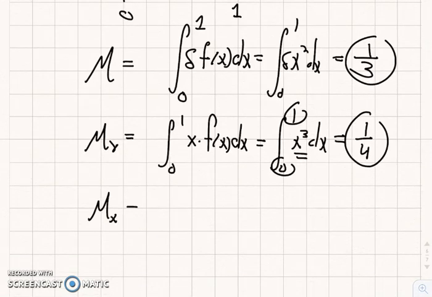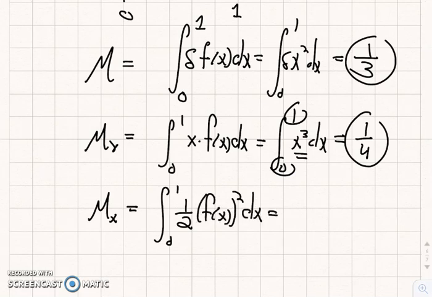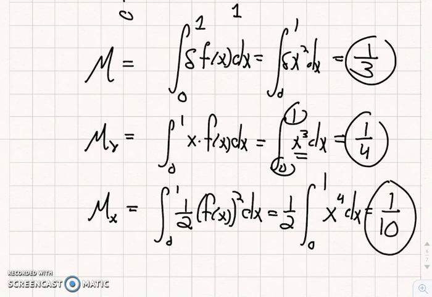Well, that is the integral from 0 to 1. There's a factor of 1/2 in there because of the geometry of the strips that we used to approximate the region: 1/2 f of x quantity squared dx. And you can factor the 1/2 out: 1/2 integral from 0 to 1 of x squared squared, or x to the 4th dx. And for that, you get 1/10 after that calculation is all said and done.